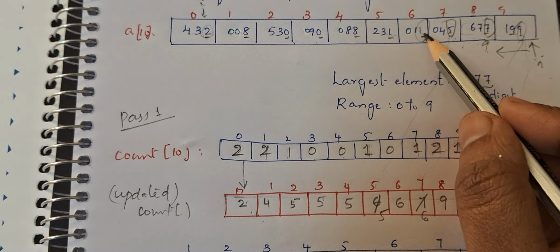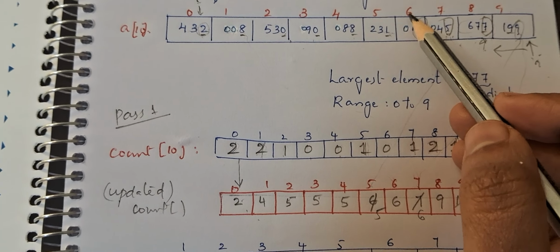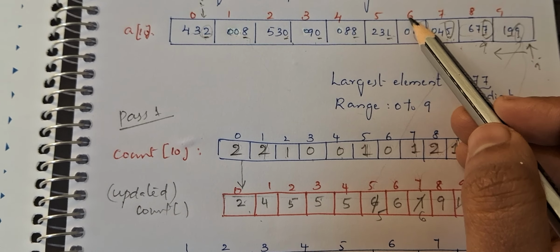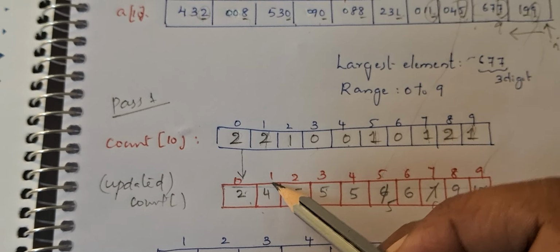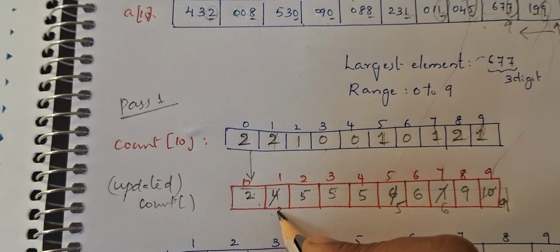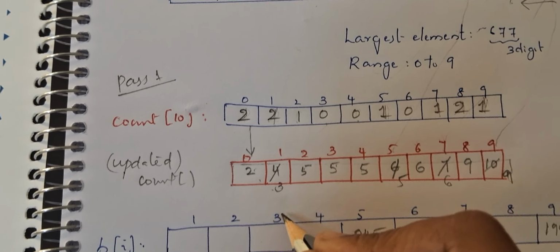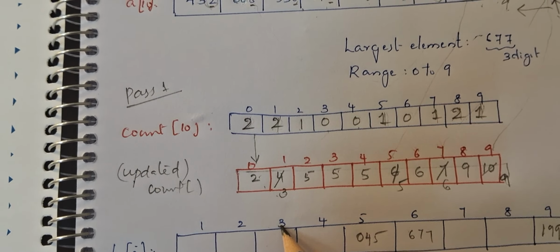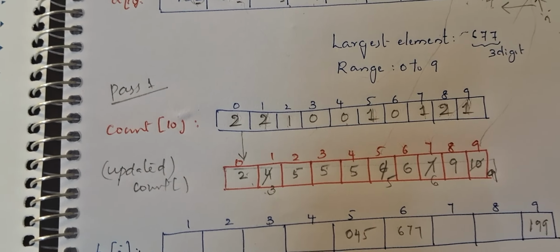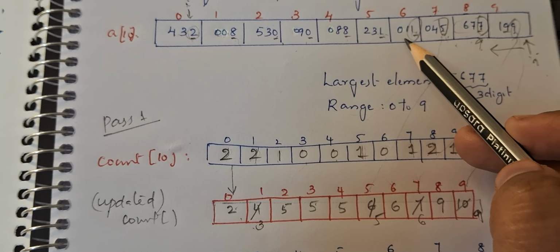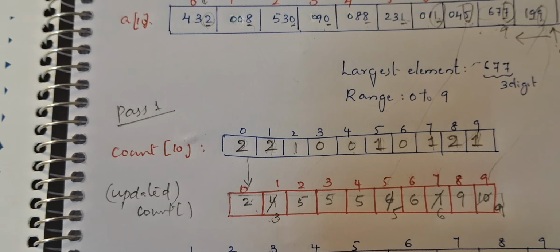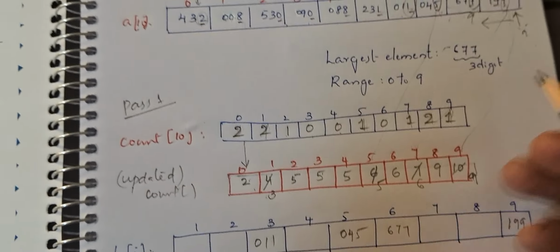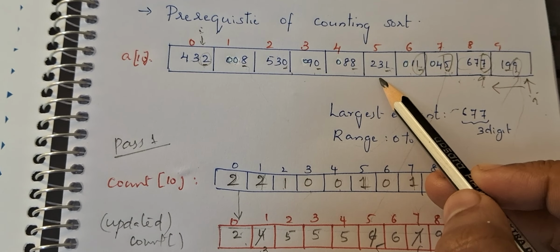Then again decrement the index, I is equal to 7 minus 1 which is equal to 6. Here it is 1, go to index 1 of the updated count array, decrement the value by 1, then go to the corresponding index of the final array and store the value of a of I. What is the value of a of I here? 11. Then next I is pointing here.